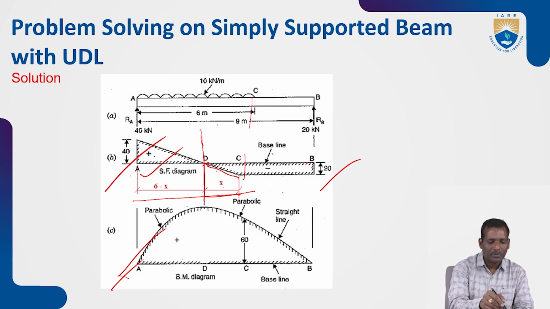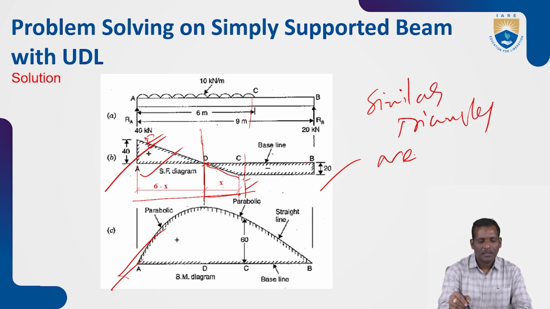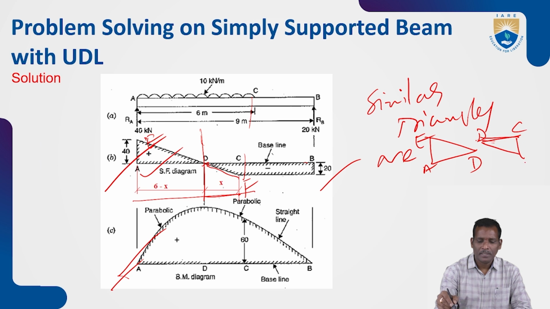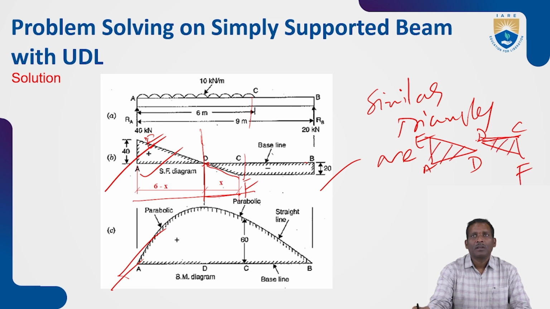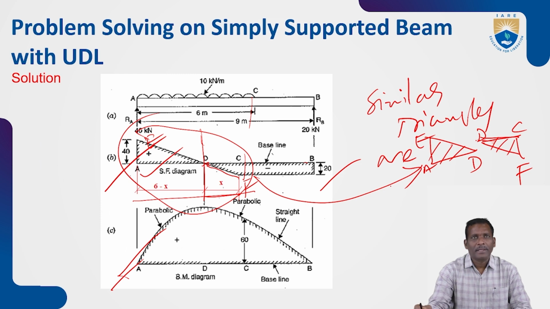The similar triangles are D, E, A and D, C, F. Compare these two triangles and we will get the X value.